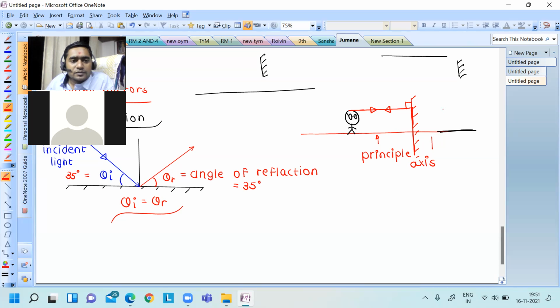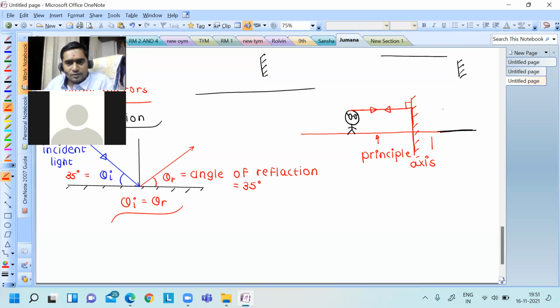What is retrace? Well, you can say that the path which has been followed by the incident ray, the same path will be followed by the reflected ray. Like if you are going to your school and you return back on exactly the same path, with the same angle and same number of steps, the same directions and the same turns, it means that you are retracing your path.